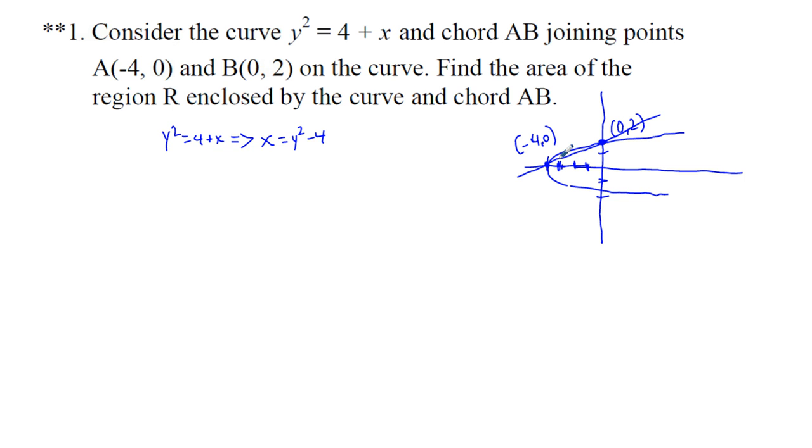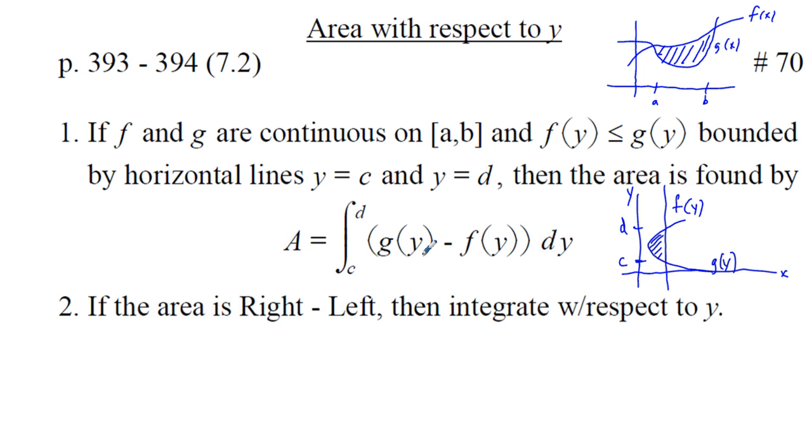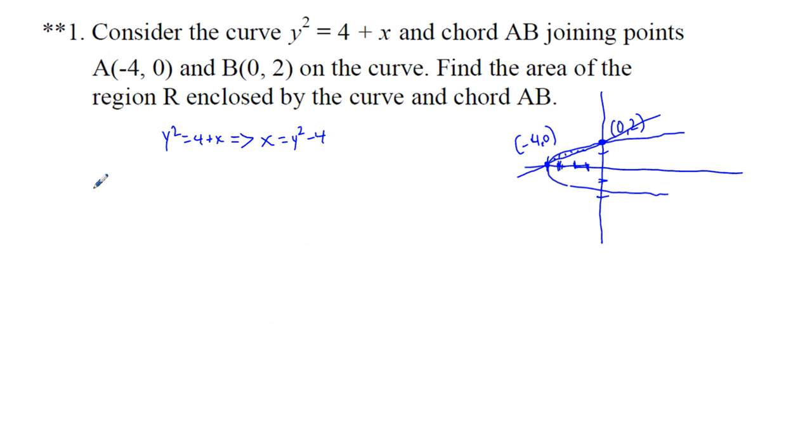And so the area that we're trying to find is between this function here. Just looking back here, remember we had f of y is less than or equal to g of y. So we're going to call this one here f of y, and this line, we're going to call this g of y.